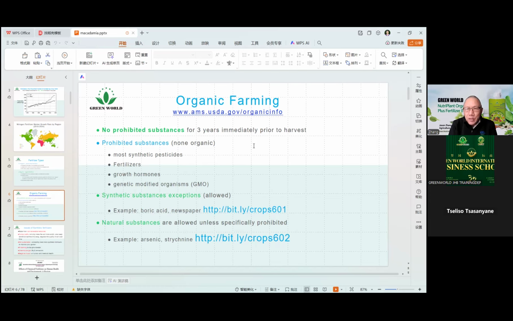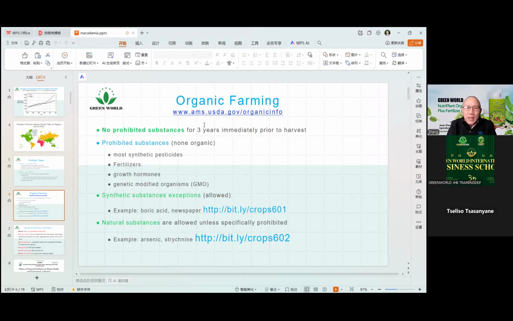In the US, we have a standard that defines what organic farming is. The most important thing is that you have to be clean, so no prohibited substances. You will backtrack your farm for 3 years.